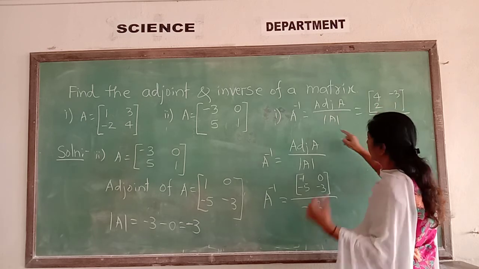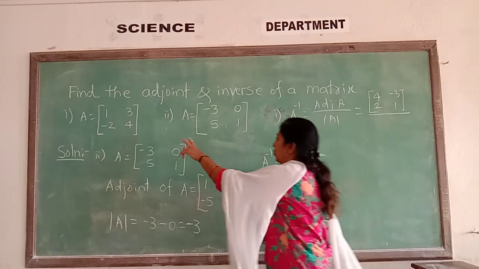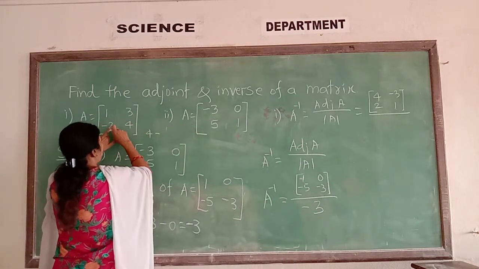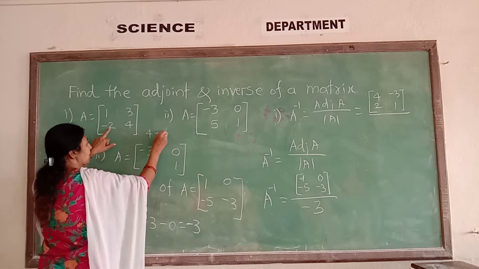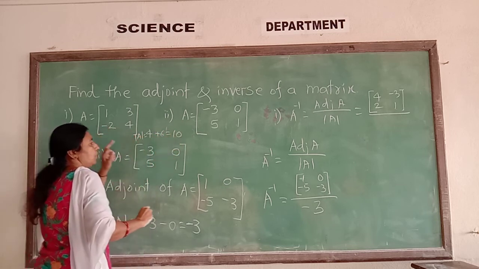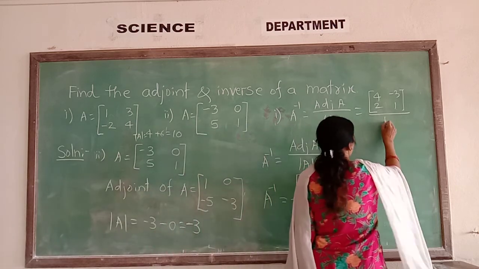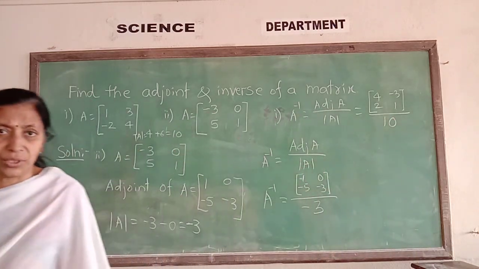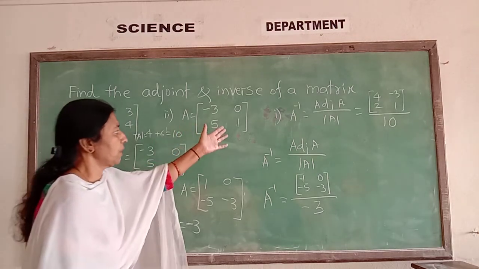Whole upon the determinant. Determinant is cross multiplication: 1 into 4 is 4, minus 3 into 6 is minus 6, minus minus 6 is plus 6. So 10 is the determinant value of this. So here comes 10. This is the first problem's A inverse, the inverse of the given matrix.